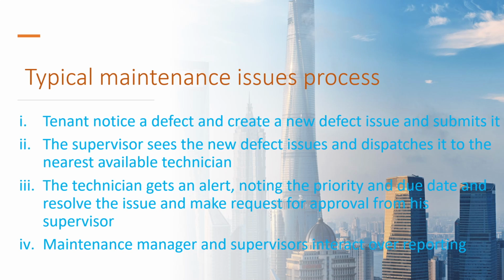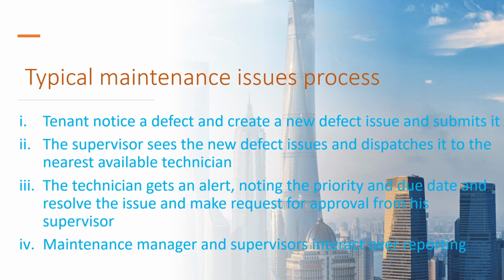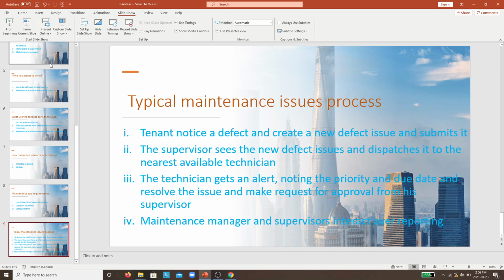He will determine the due date and assign it to the available technician. The technician gets an alert notifying the priority and the due date of the issue, resolves the issue, and makes a request for approval from his supervisor. Then the maintenance manager and the supervisors will communicate through reports. Having said that, it is time to demonstrate on ServiceNow.